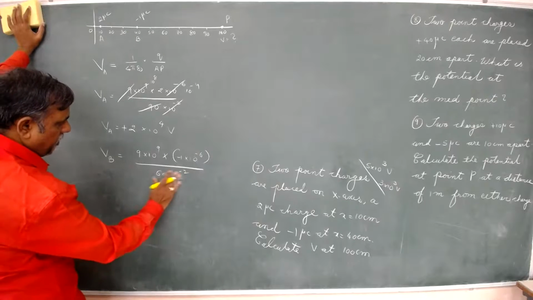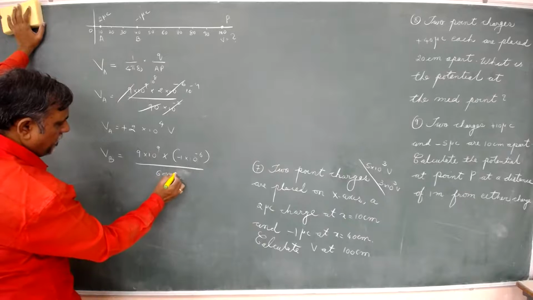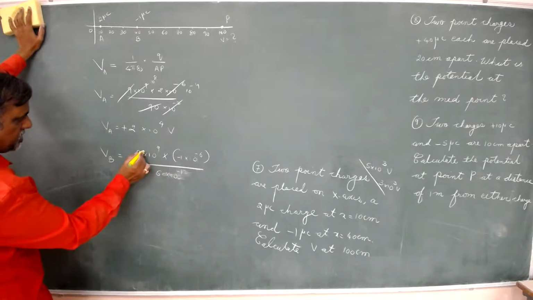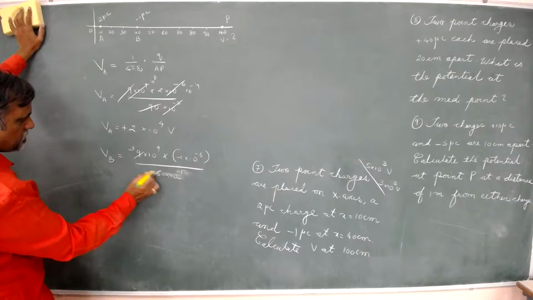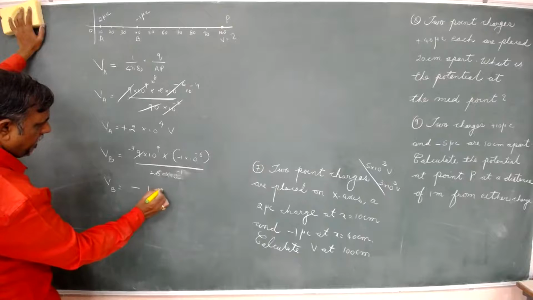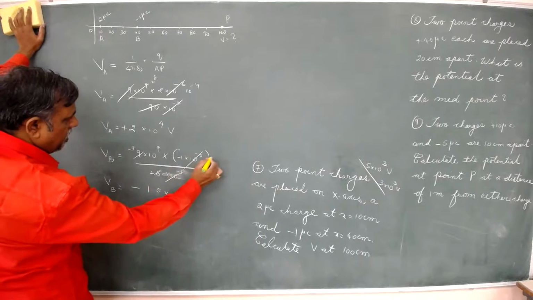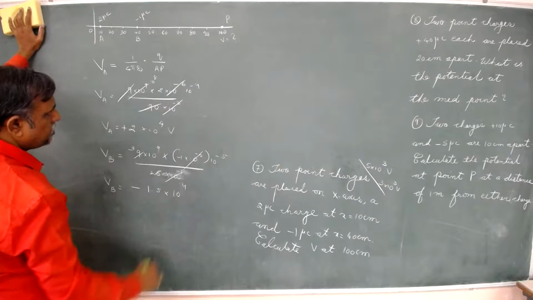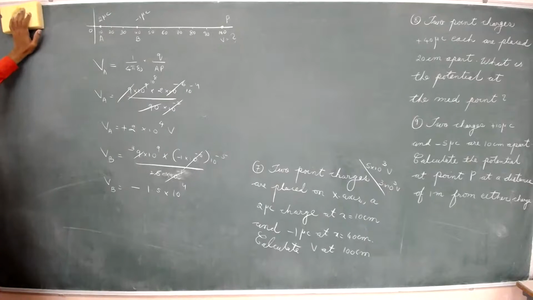The 6 here, 3 times, this is 2 times. So VB in this particular case is negative 1.5 into 10 power 4 volts.